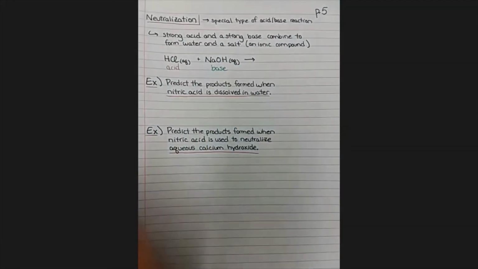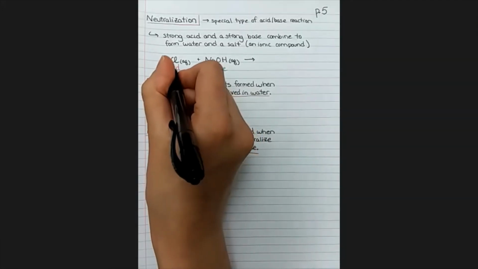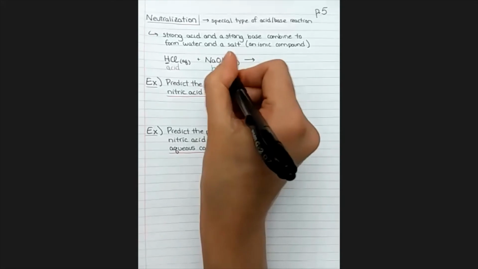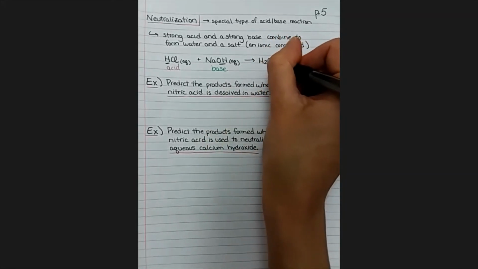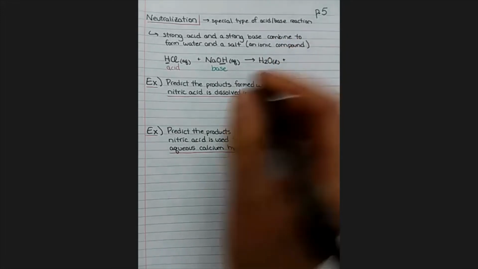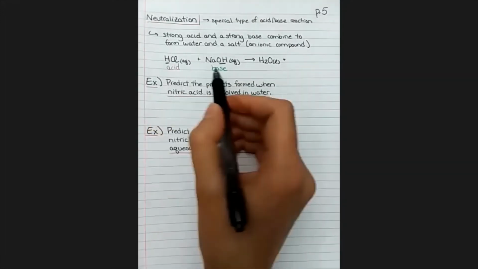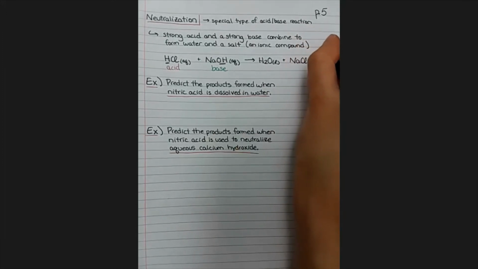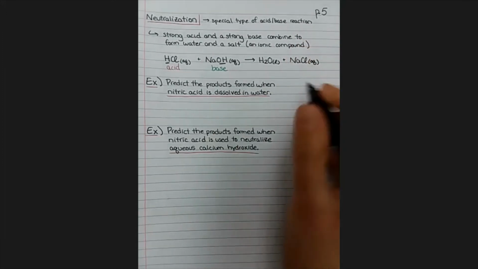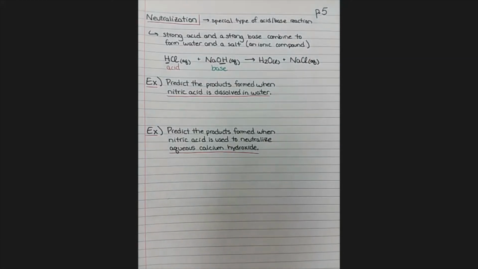So to form the water, we take the H away from the acid and the OH away from the base to form H2O, which is a liquid. And then with our remaining anion from the acid and cation from the base, those two form an ionic compound, salts. And sodium chloride is aqueous.